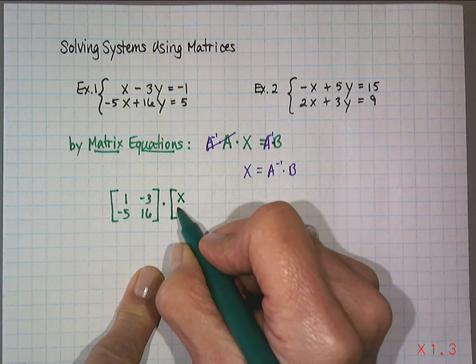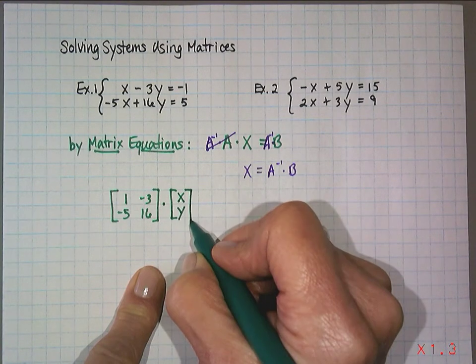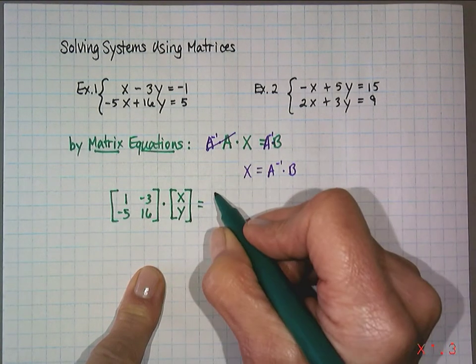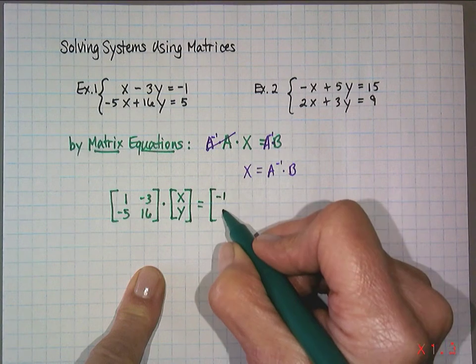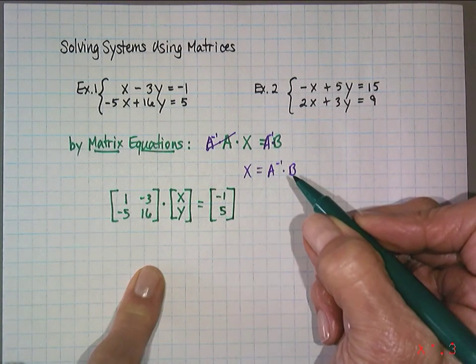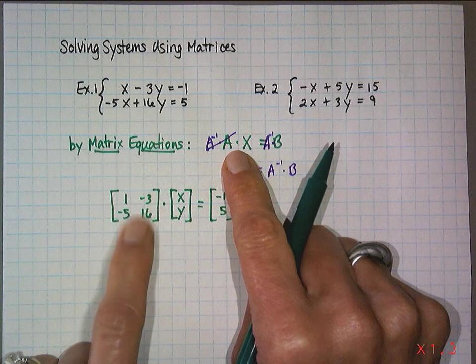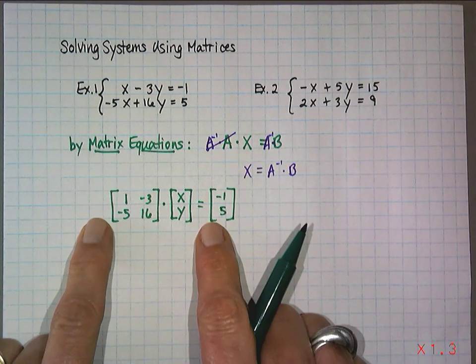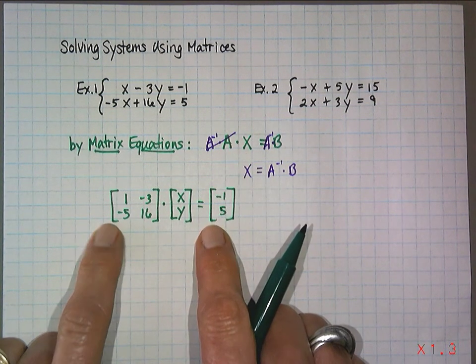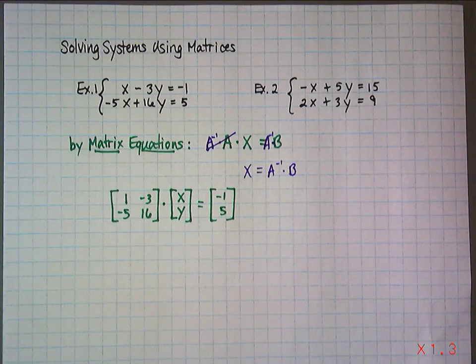This is my variable matrix, x, y. And it's going to equal the constants, -1, 5. Now in this method, you're going to take matrix A, find its inverse, and multiply both sides by its inverse. So it takes a little side work.